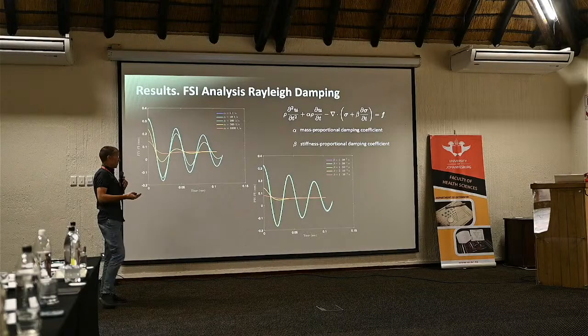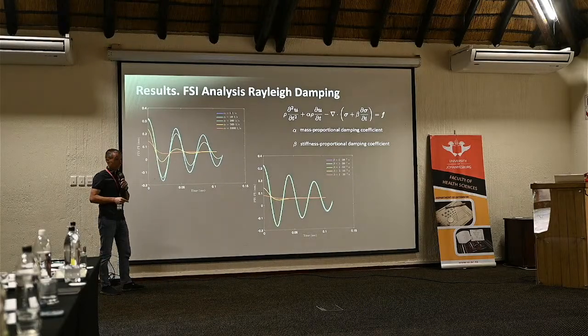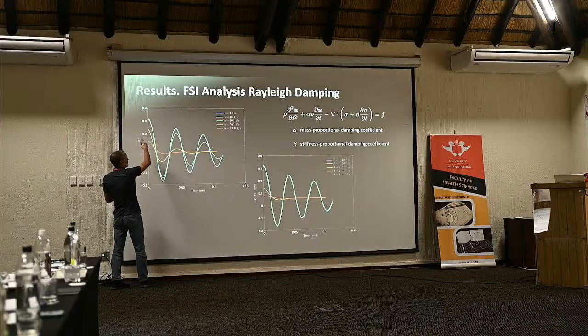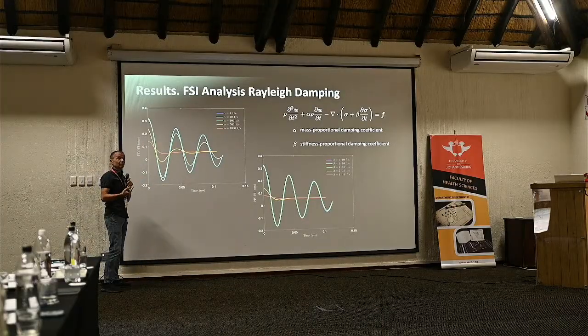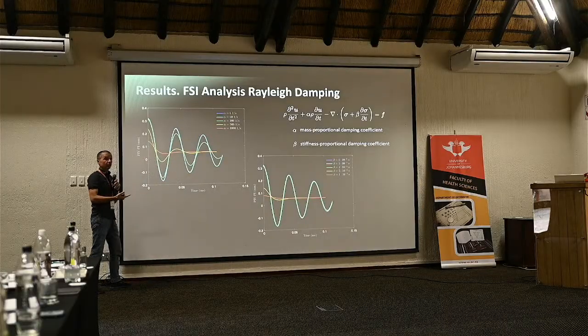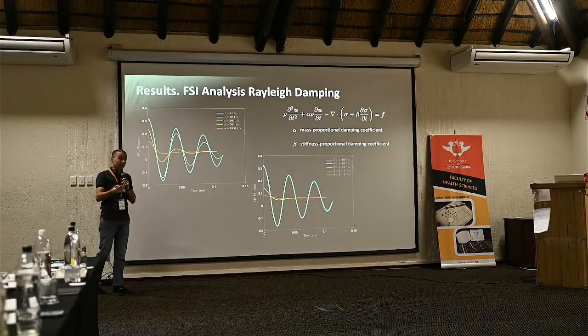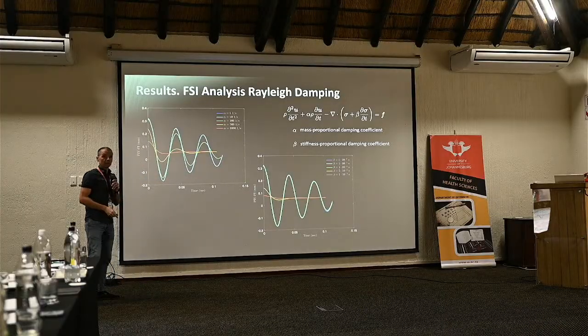You can observe here the effect of increasing alpha: the decay of the signal also increases. The more damped signal corresponds to the largest alpha. And the same effect is obtained varying the beta parameter.